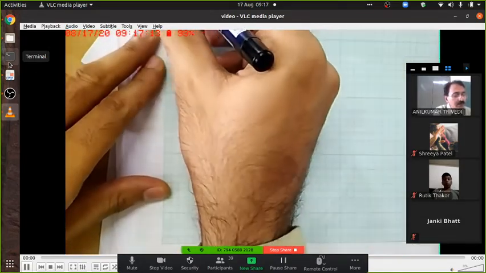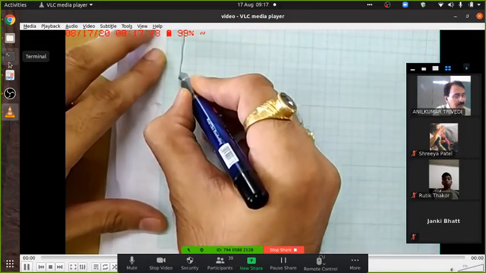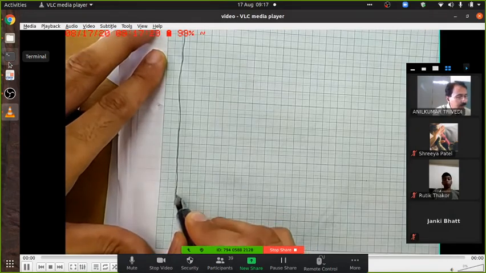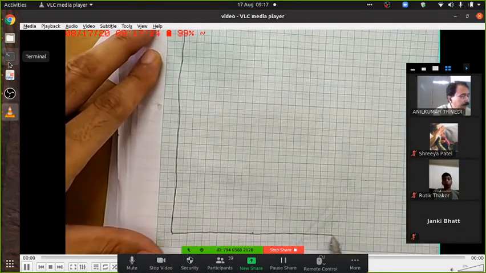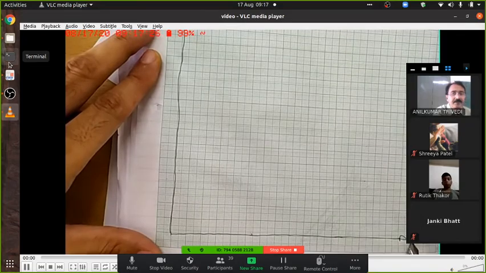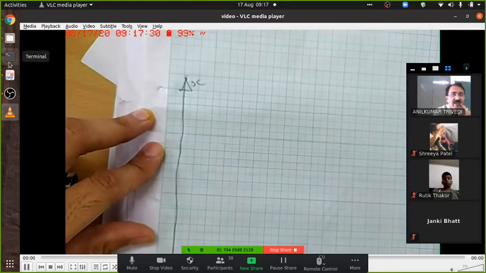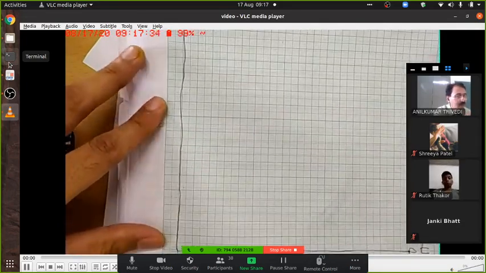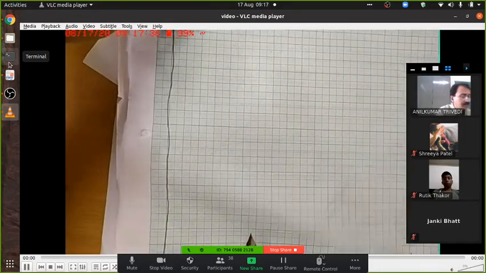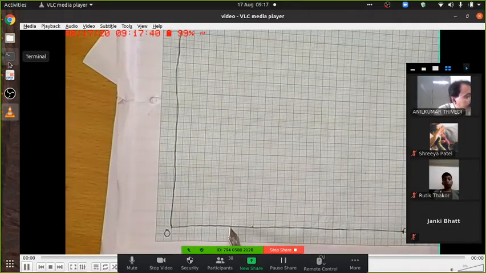You will choose this. I'm not using a scale, but you will use one. I'm saving time and you have ample time. This is t and this is going to be x position. Now we are going only up to 4 seconds, right?